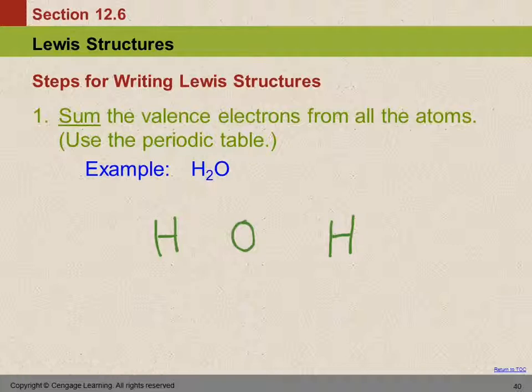How many valence electrons does a hydrogen have? What group is it in? 1. And how many does an oxygen have? 6. It's in group 6A. And the other hydrogen also has 1. So we have a total of 8 valence electrons. The valence electrons are going to be shown in the diagram as dots.